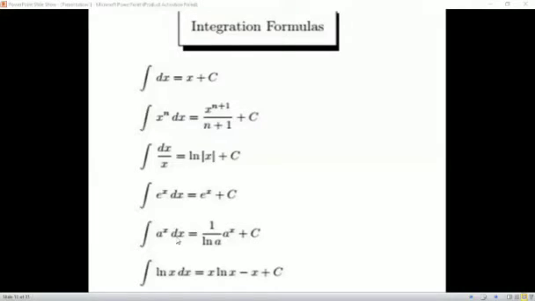Integration a raised to x is 1 upon ln a, 1 upon log a into a raised to x. Integration of log x is x into log x minus x. Remember, sometimes we need this formula. Integration of log x is x log x minus x.